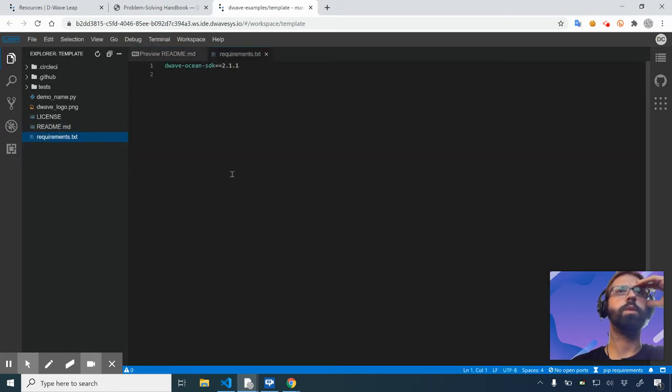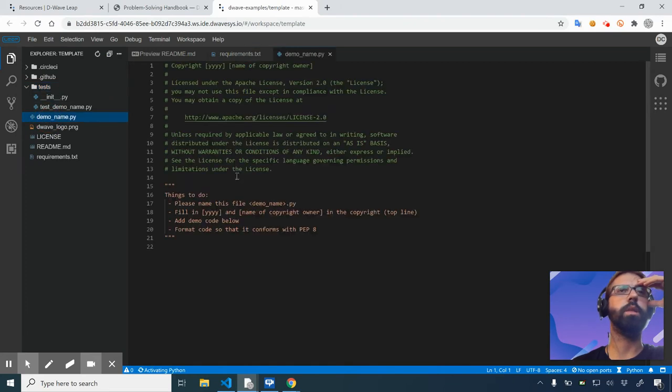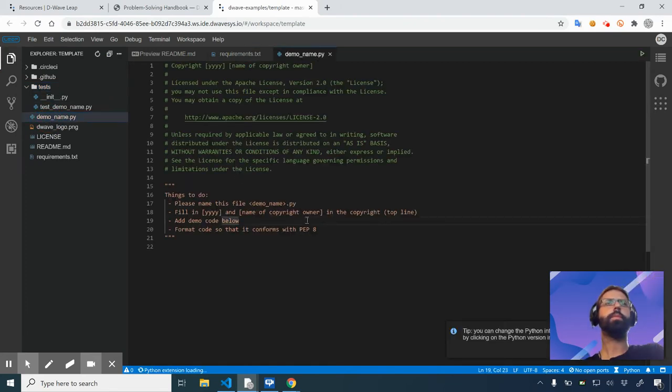The requirements.txt file, a tests folder, Circle CI. This is like deployment stuff, isn't it? And then there's a Python file. Please name this file. Fill in copyright, add demo code below, format code so that it conforms with PEP 8.